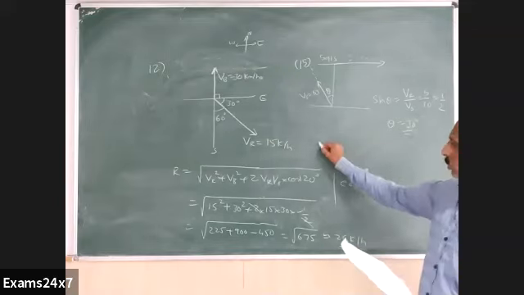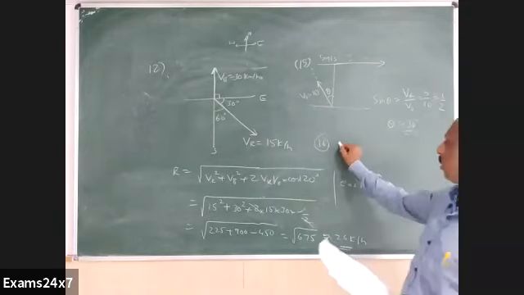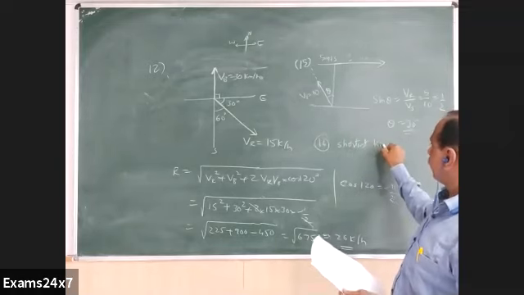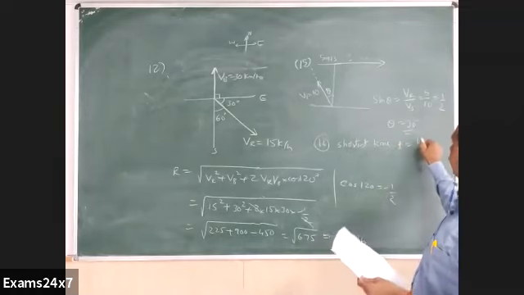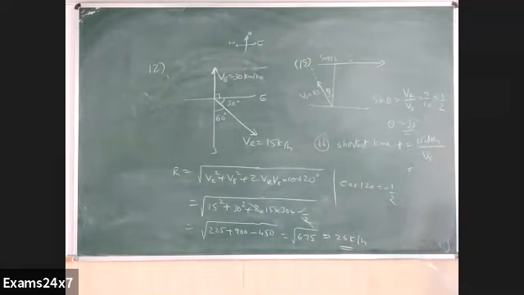So next go to question number 16, which is about shortest time connected to the same question. Width is given now. What is the formula for shortest time? Shortest time is given by width upon the own speed. That is how much? 10.